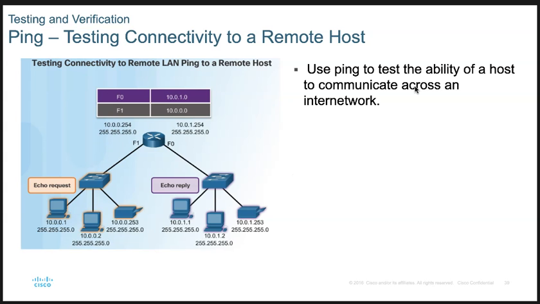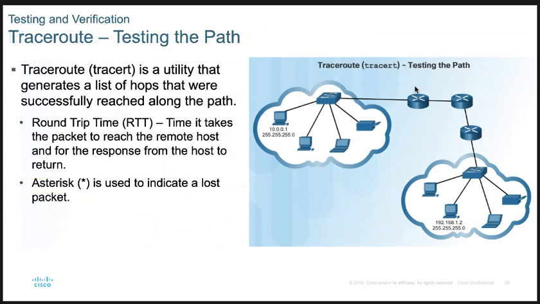All right. Another command that we use to troubleshoot routers is known as traceroute. Traceroute is used to troubleshoot communication between routers and also to find how many routes are between your computer and a remote computer.